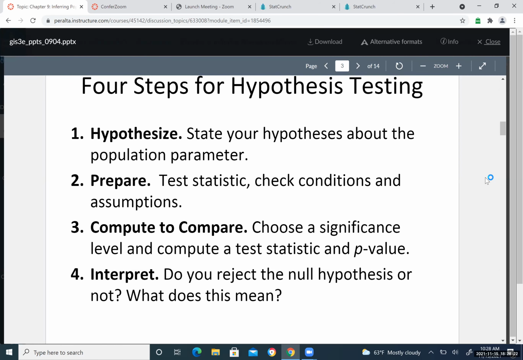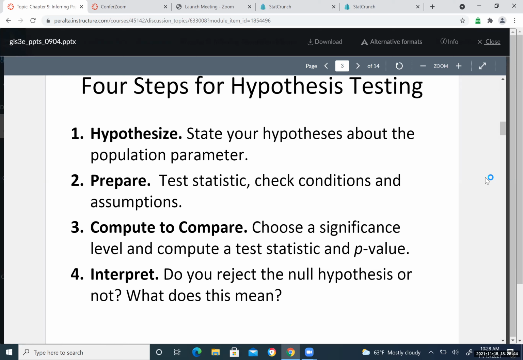Actually, all the time when I give you an example or a question to do, the conditions are met. So you don't have to worry about that. You just need to compute the test statistic.